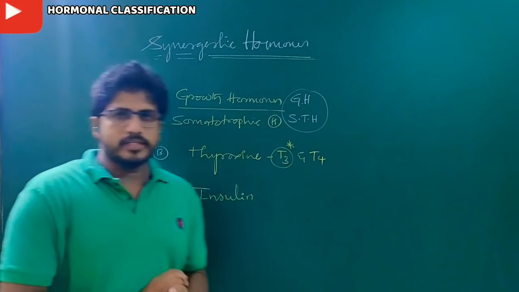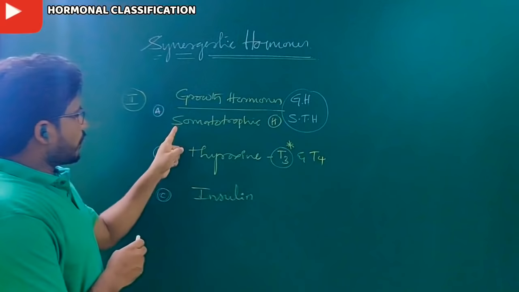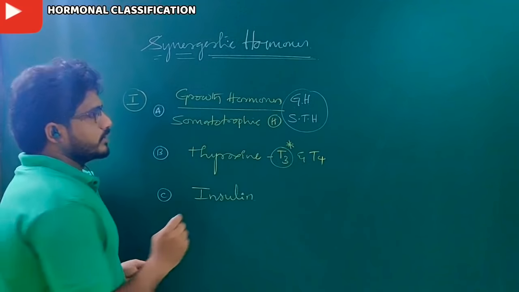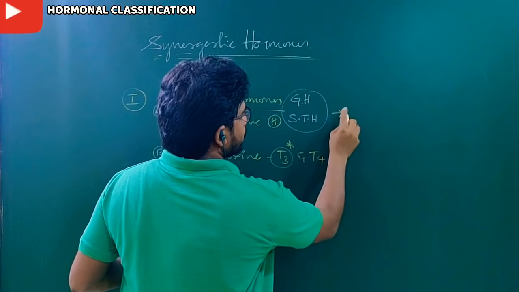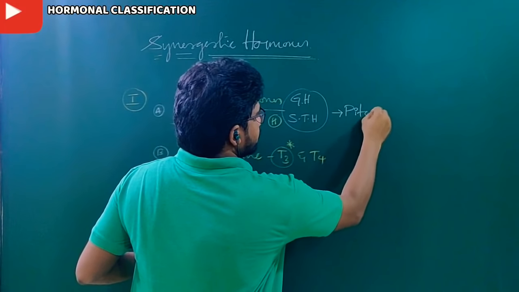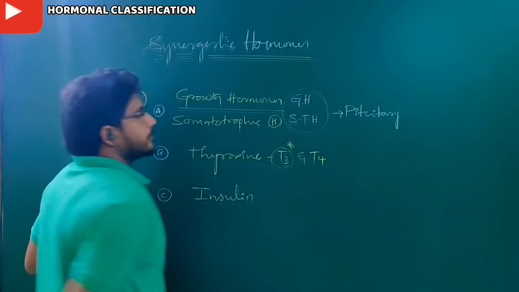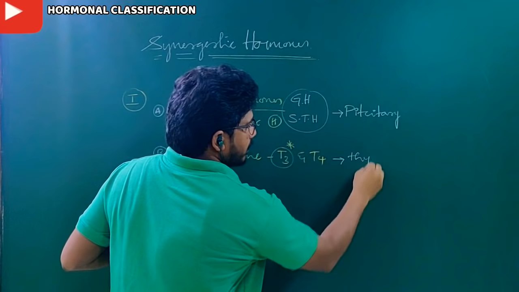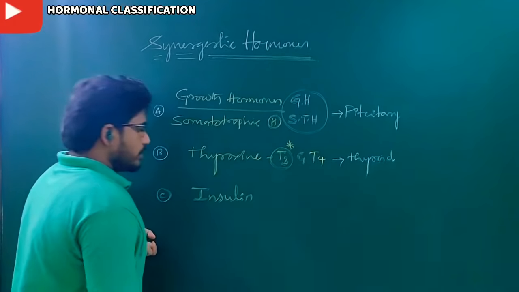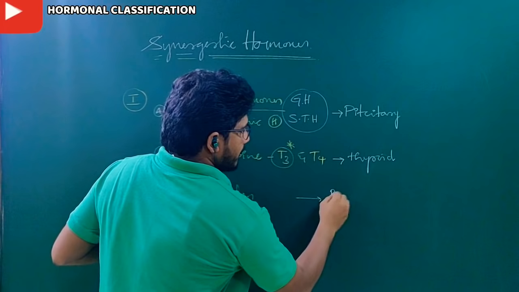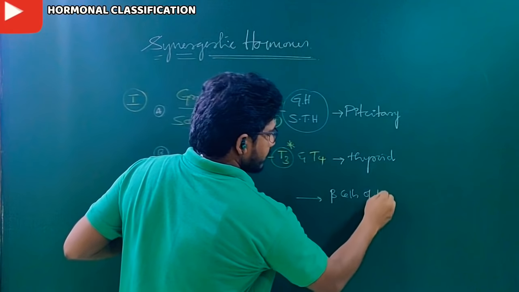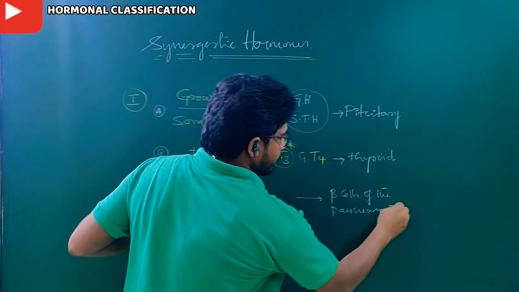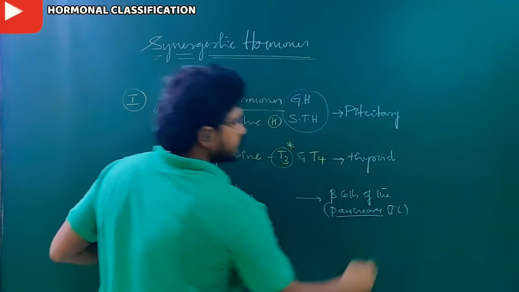Guys, as far as your knowledge goes, which gland does growth hormone come from? Pituitary, right? Thyroxine comes from the thyroid gland, right? Insulin comes from beta cells of the pancreas. Pancreas means islets of Langerhans.